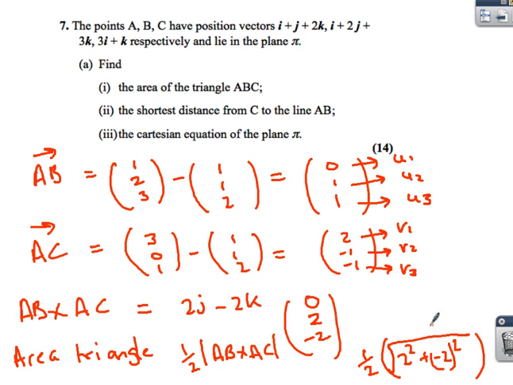And if we work it out correctly, our final answer should be root 2. So there we go, that's the area of the triangle. Whenever we find the area of a triangle, we find the two vectors that enclose the triangle, then do the cross product, find the magnitude, and then times it by a half. So the area of the triangle is root 2.